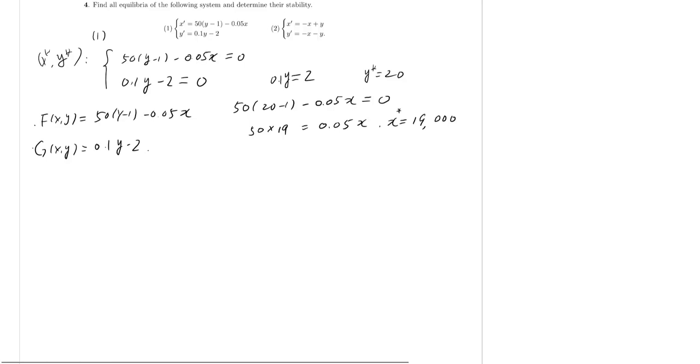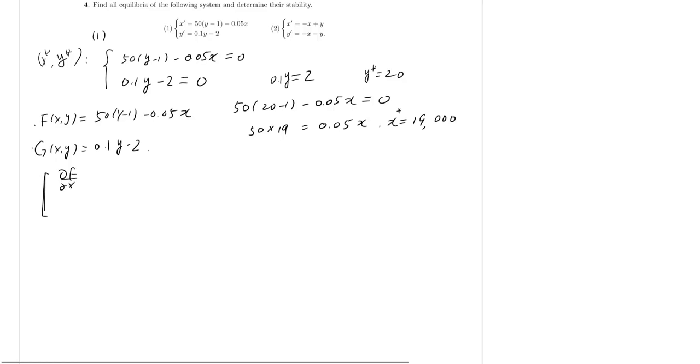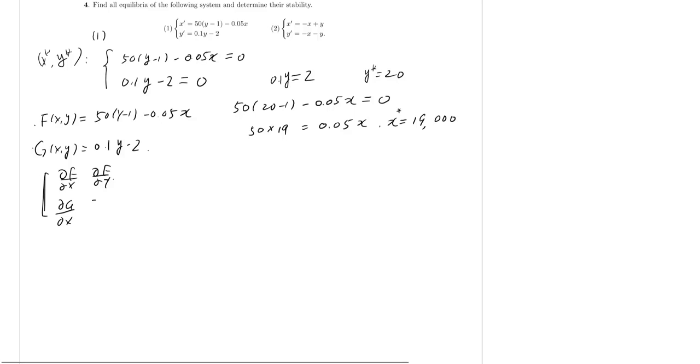The Jacobian matrix is four partial derivatives. We have partial f, partial x, partial f, partial y, and partial g, partial x, partial g, partial y. Fortunately, we have just linear functions, so it's easy to find the derivatives.